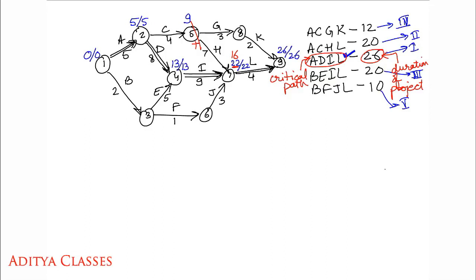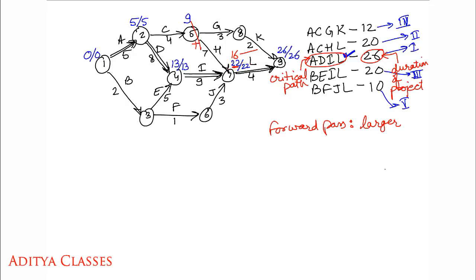We'll frame a rule for the forward pass. During a forward pass, if you are stuck in a situation where two conflicting durations are available, you always take the larger duration. Who is the larger one here, 16 or 22? It is 22.